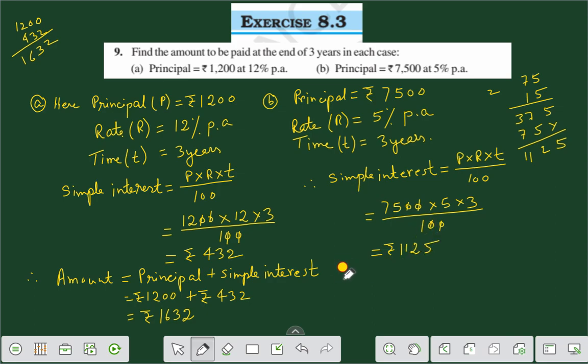Now we know that amount is equal to principal plus simple interest.